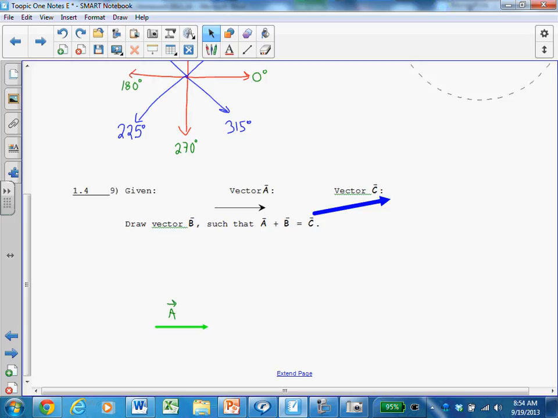C is the resultant. That should be blue. That means it's the sum of A plus B.